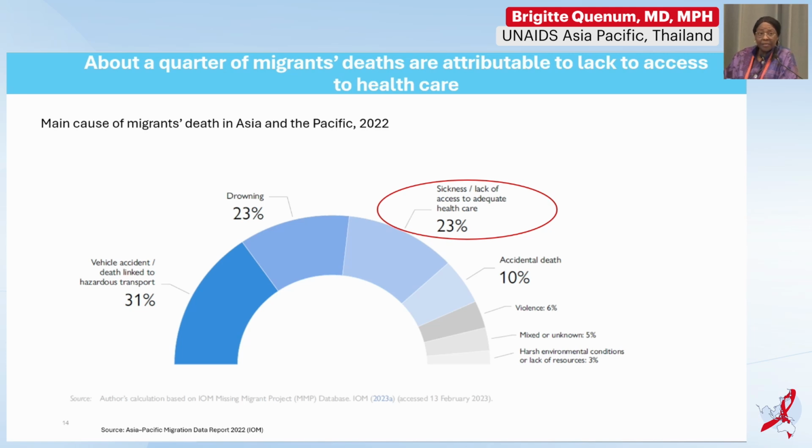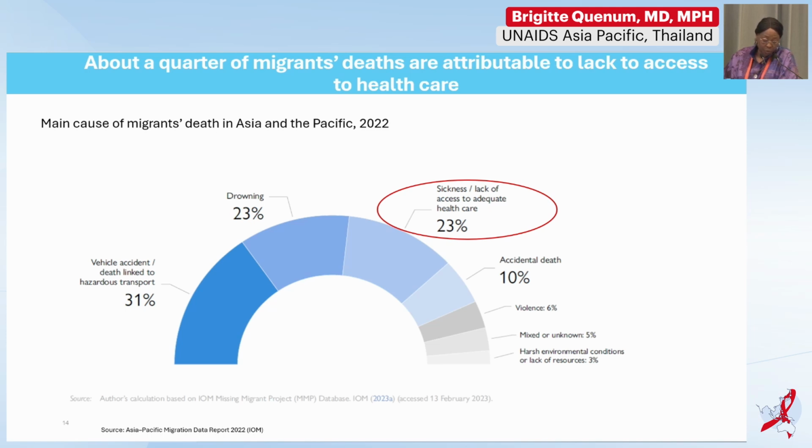And it's very sad to see the causes of death, such as accident, drowning, lack of access to healthcare, violence, etc. It is very clear that a significant majority of deaths are preventable and avoidable if policies had been favorable, if there were no stigma, no discrimination, exploitation, and inequalities, if we could promise safe, orderly, and dignified migration for all migrants.